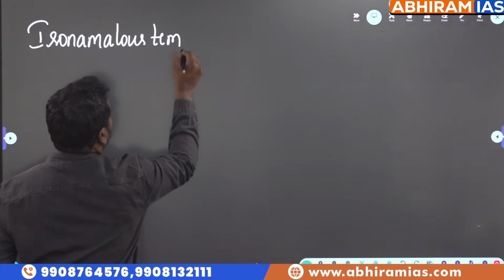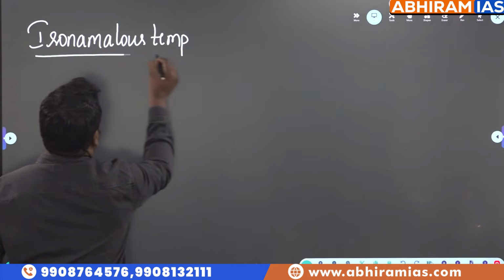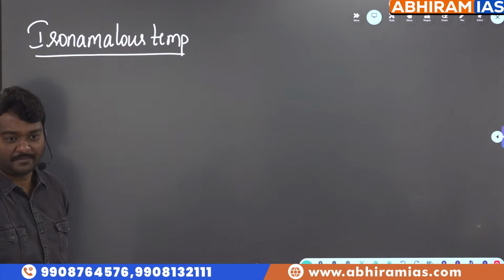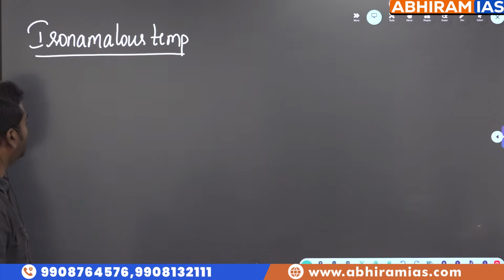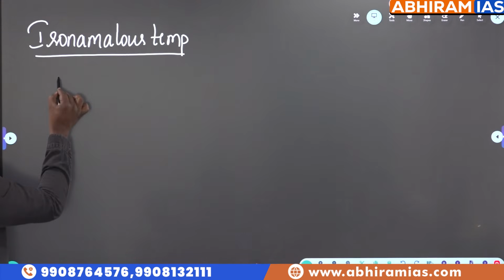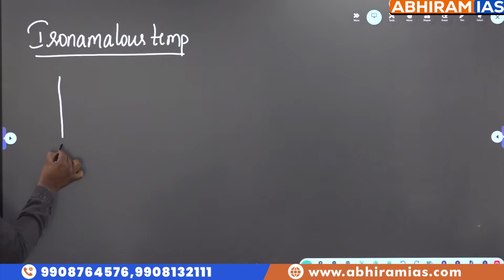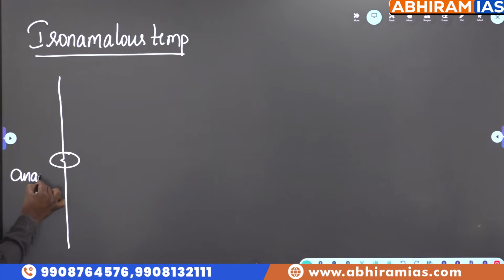This NCERT uses this word, isonormalous temperature. Okay, isonormalous temperature. Yes, if you have a straight line, if you have a small variation, the variation is called as anomaly.